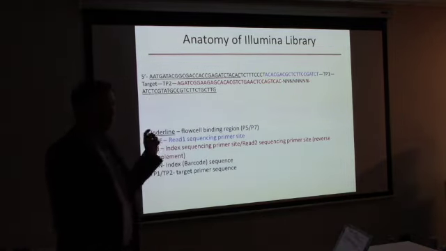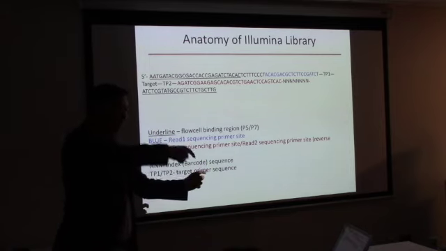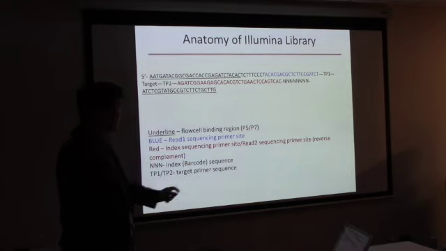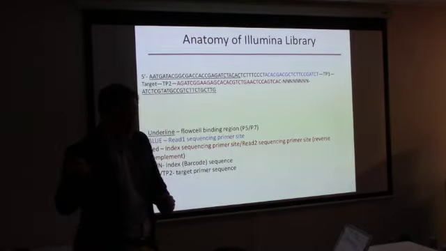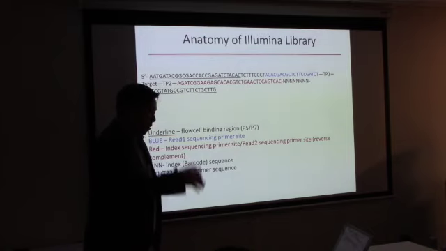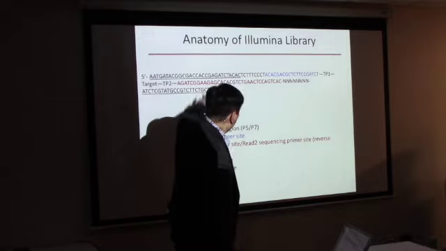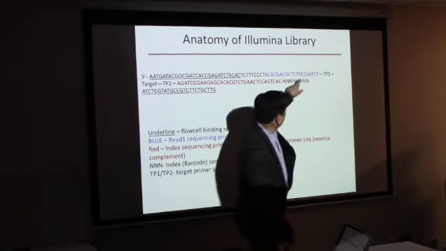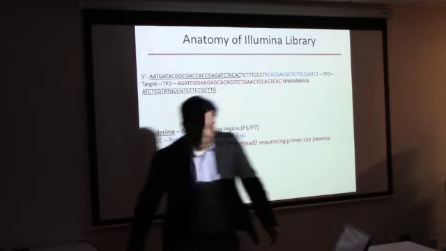That's why when you send it for Sanger sequencing, you send the primer with your piece of DNA that you want to sequence. So these red and blue ones are the things that the Illumina sequencer will add when it's on the flow cells to initiate sequencing. The actual sequencing doesn't start from P5 or P7. It actually starts after read 1, which is basically the sequencing primer.